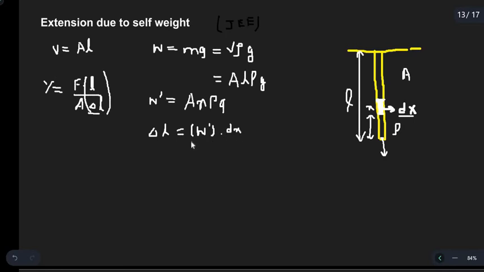Write it as dx. Area will be as usual because there is no change in area, and del L I have taken this side, so this side it will be Y. Now let's substitute the value for W dash, which is A rho g x. A rho g x dx whole upon A Y. Now this A and A get cancelled out. So what will happen?